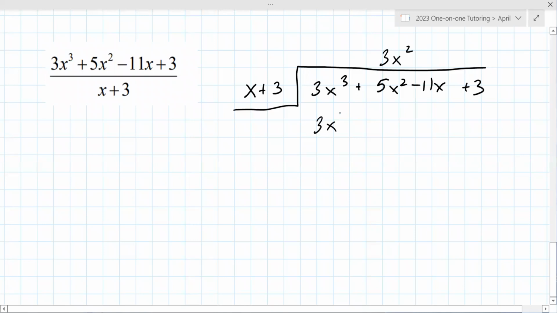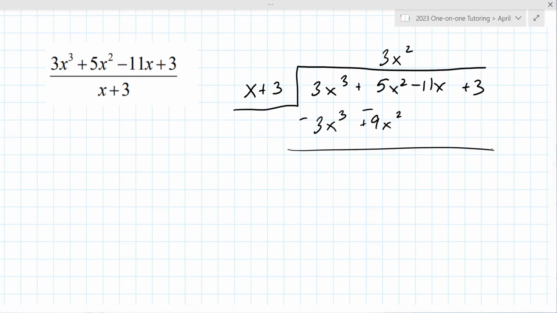Right. It should be 3x cubed plus 9x squared, and then you change the signs of both. Oh wait, because it's 3 and 3, so it's 9, not 6. Yes, because it's not adding on the top, the adding's on the bottom. And then it would be negative 9x squared. Yes.